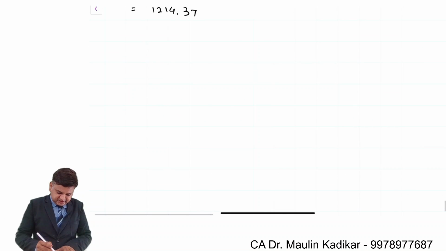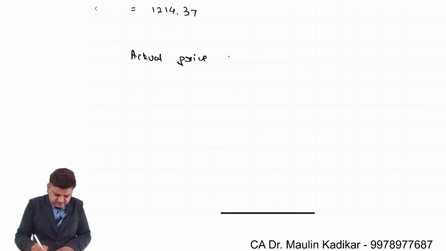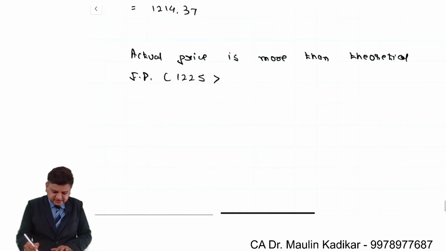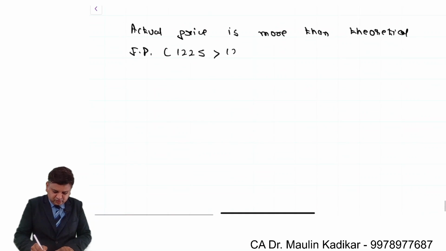So the actual price is more than the theoretical futures price. 1225 is exceeding 1214.37.